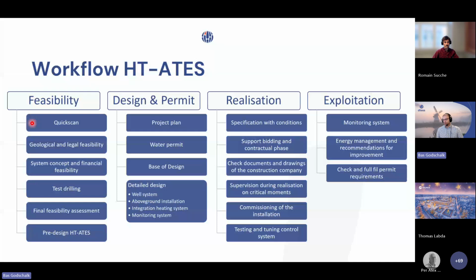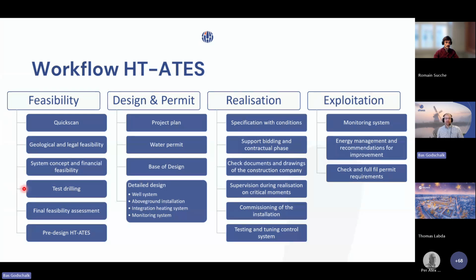First, to have a quick scan: is it possible, yes or no? Then, of course, we will dive in much more detail into the geological situation. Check, is it also feasible from a legal point of view? What are the layers, a desktop study will be done, etc. The system concept: how will the system be used, make a kind of pre-design to define if the system is interesting to realize and construct and operate.